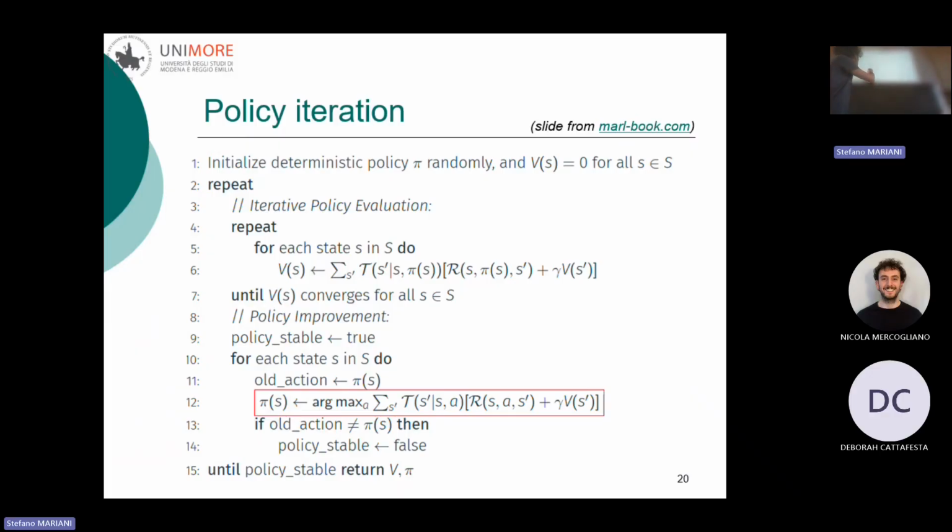What do we do in policy evaluation? For each state in S, we apply the equation that we mentioned before. We know every state transition function, so we just apply the formula until the value of each state doesn't move anymore.